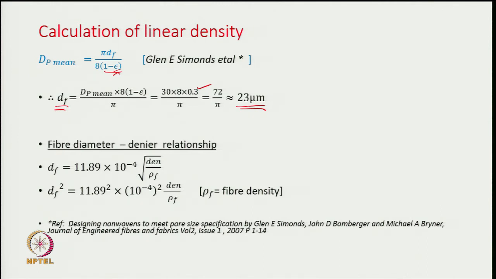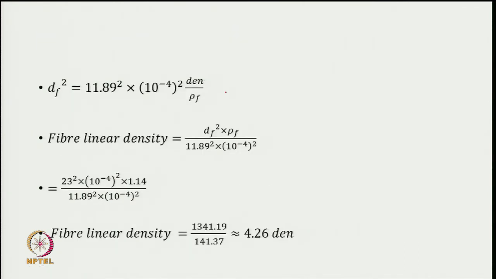And using the fiber diameter and linear density relationship which has been stated, we can find out the diameter square. So, we can write these equations, and for the fiber linear density, that is the fiber denier, we rewrite the same equations and substitute the values, and we will be getting the fiber linear density in terms of denier.